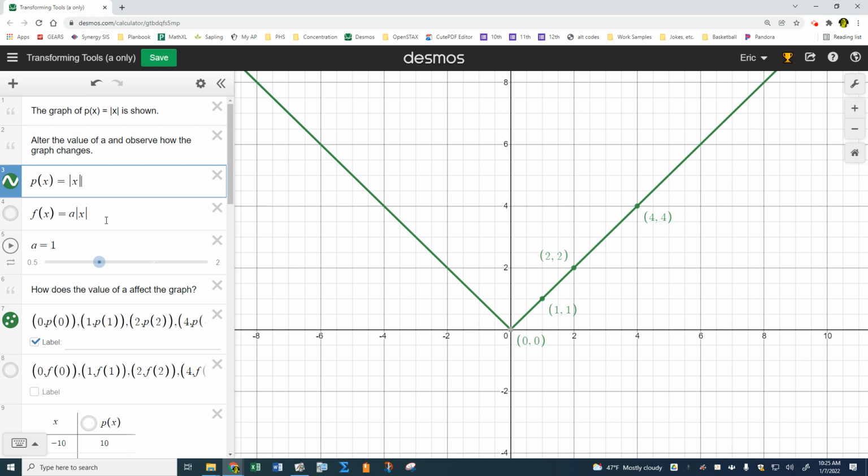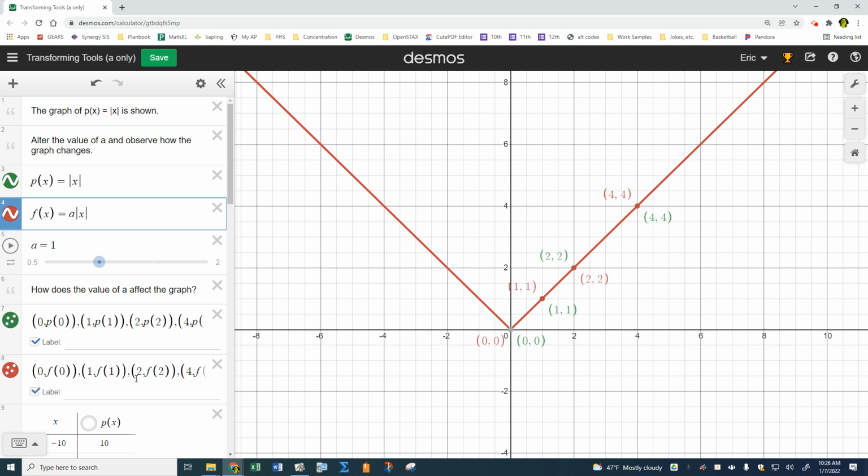That's the green function. I'm going to graph, along with that, f of x, which is a times the absolute value of x. But a right now is set at a value of 1, so it hasn't changed anything. So there's the red function, which is identical to the green function.